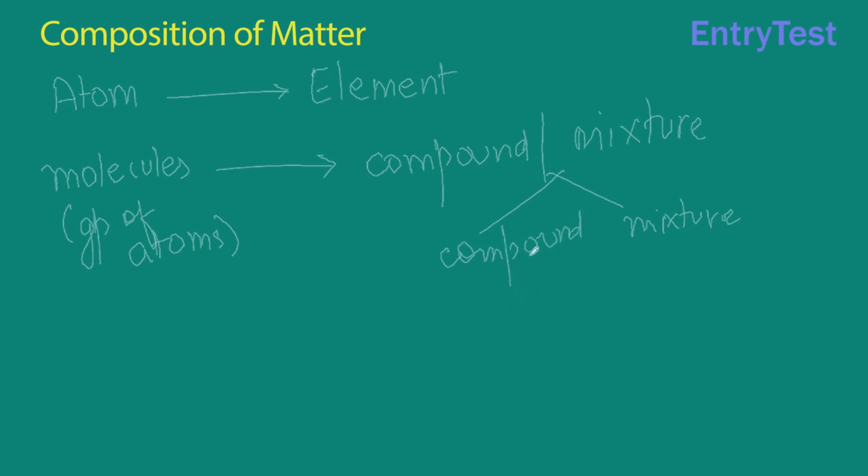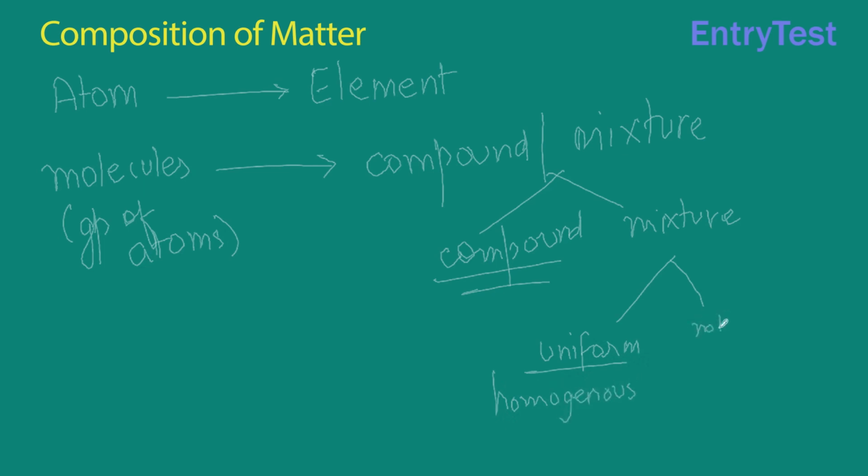Now, compounds are usually of one type, but mixture, on the other hand, is of further 2 types. Is the mixture uniform? If yes, we call it a homogeneous mixture.